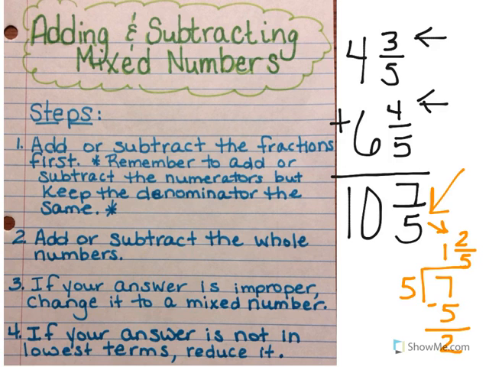I'm not finished yet. The only thing I did was convert my improper fraction into 1 2/5. I still have the 10. So I have to add that 10 with the 1 2/5.